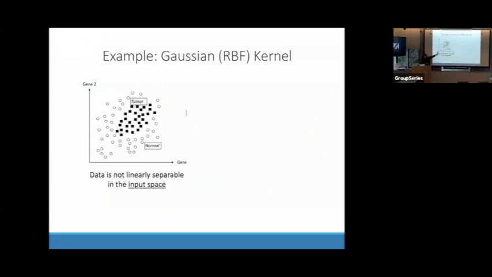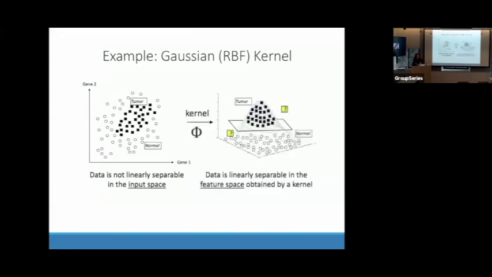Unfortunately, it's an example taken from medicine, so those are always a little bit gory. But here, if you use a Gaussian kernel, this is the new distribution of your data. You're basically giving a height to the points, and now you're able to visualize your hyperplane here.